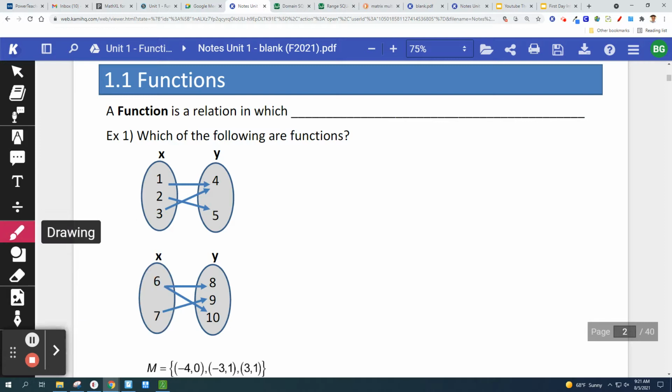1.1 Functions. A function is a relation in which each x goes with one y. I think that's kind of a difficult definition to understand, but each x goes with one y.